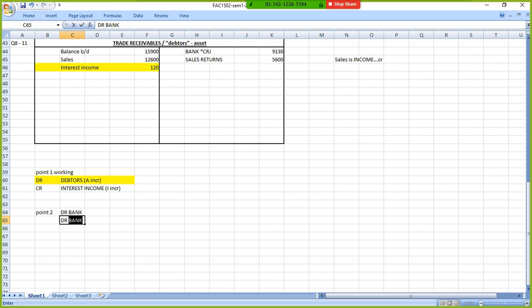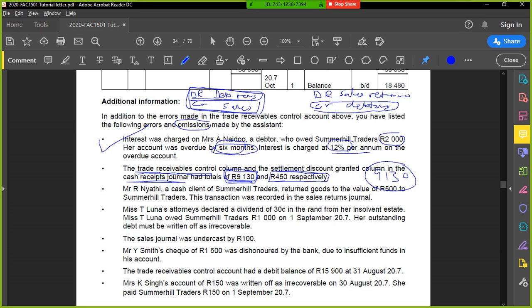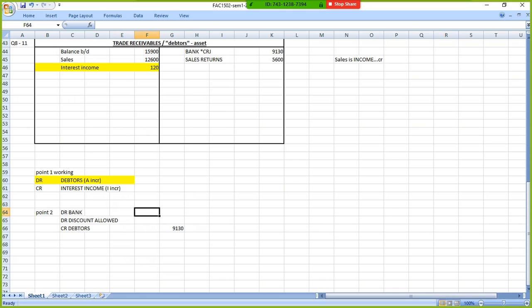You would have debited discount allowed because you're giving them a discount. You would have credited debtors. What was the amount? 9130. They tell you that the discount was 450. And the bank would have been the difference.